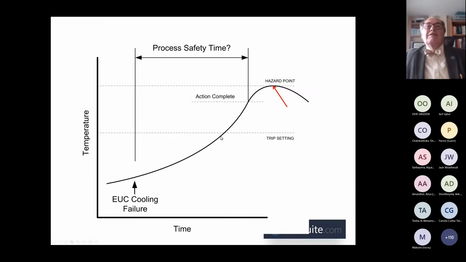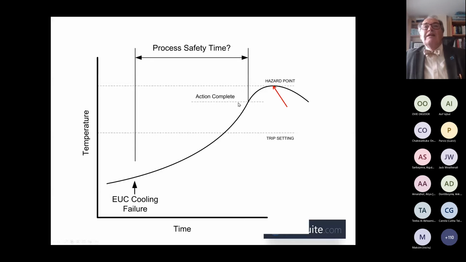And we can see we've got the line here designating the trip setting, temperature trip point, and another line here representing the actual point at which the hazard would be realized, and we would suffer the consequences of whatever this hazard might be. And this particular trajectory just meets that hazard point. So we don't actually violate it. We don't actually incur the hazard, as shown here.